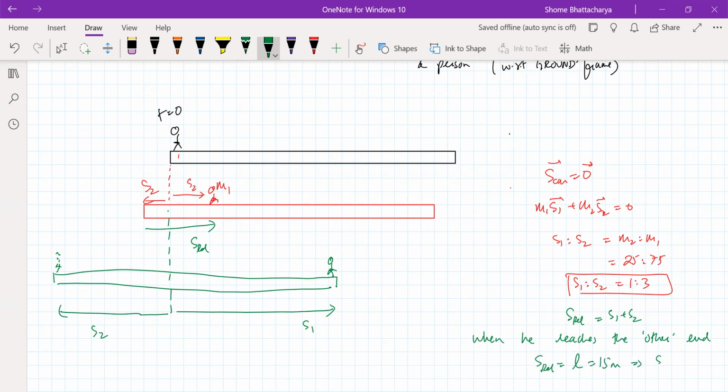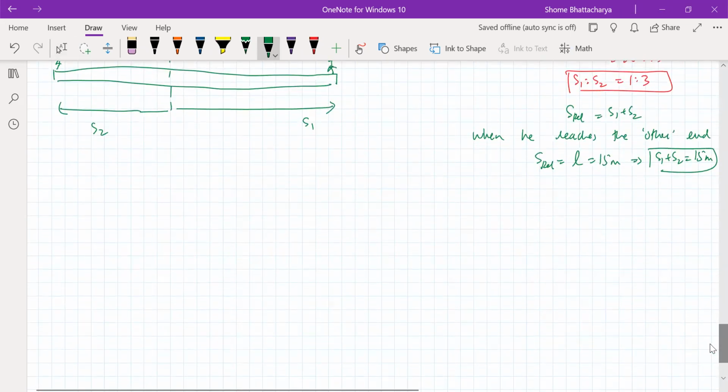So S1 plus S2 should be equal to 15 meters, and S1 is 1/3 of S2. So the person would have displaced by only 1/4 of 15 meters, 3.75 meters, whereas the plank would have slid back.